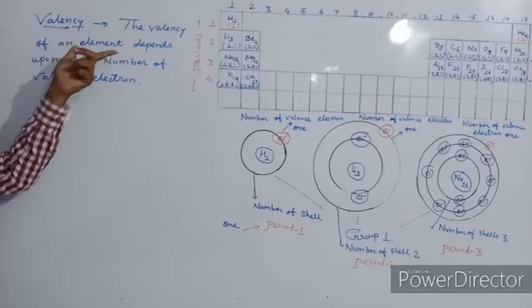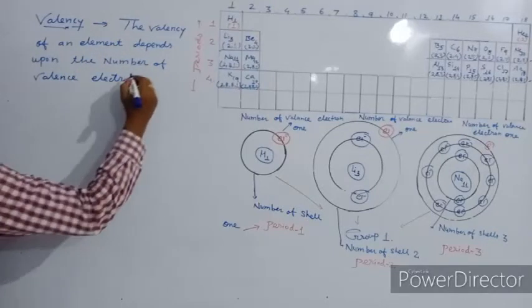The valency of an element depends upon the number of valence electrons.